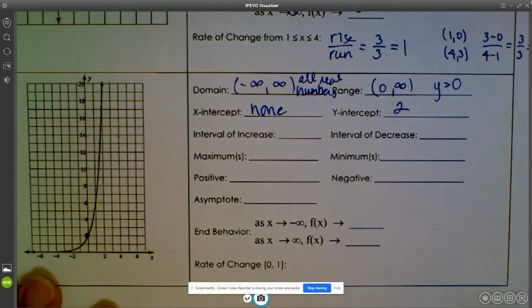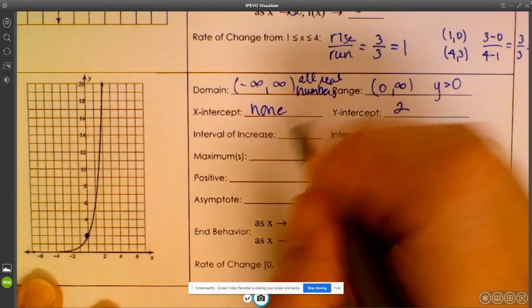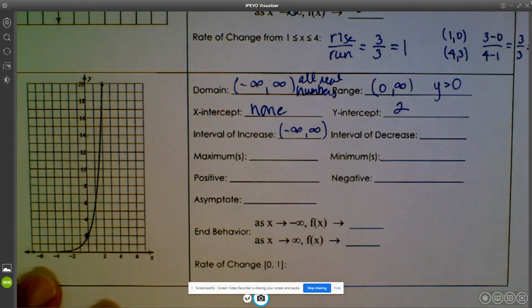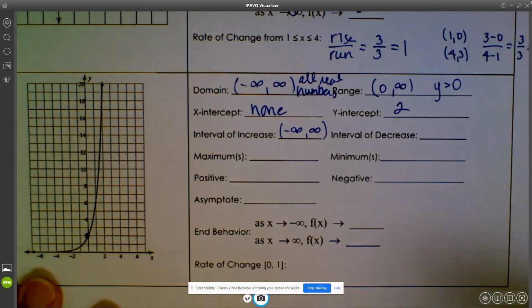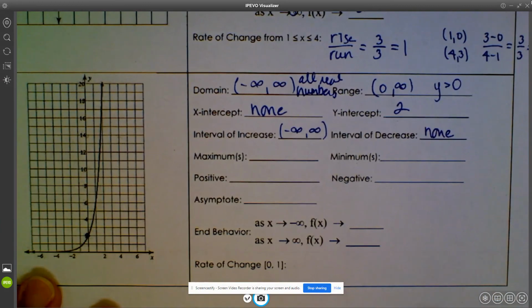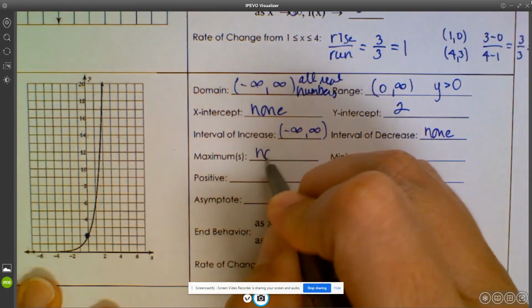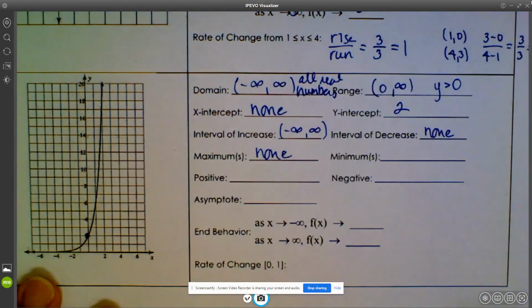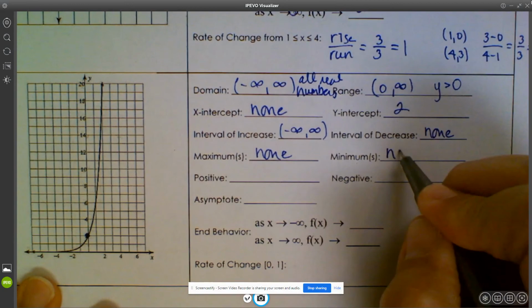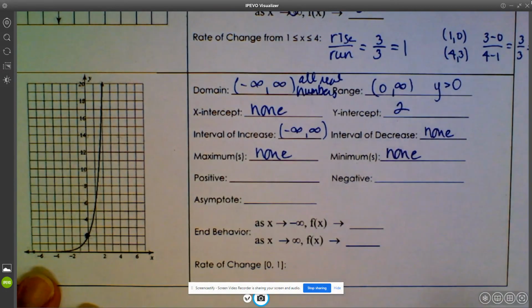Where are we increasing? Well, this thing is increasing everywhere. So we're going to go from negative infinity to positive infinity. Where are we decreasing? Nowhere. Do we have a maximum value? Is there a definite highest number? No. Is there a minimum value? Is there a definite smallest number?